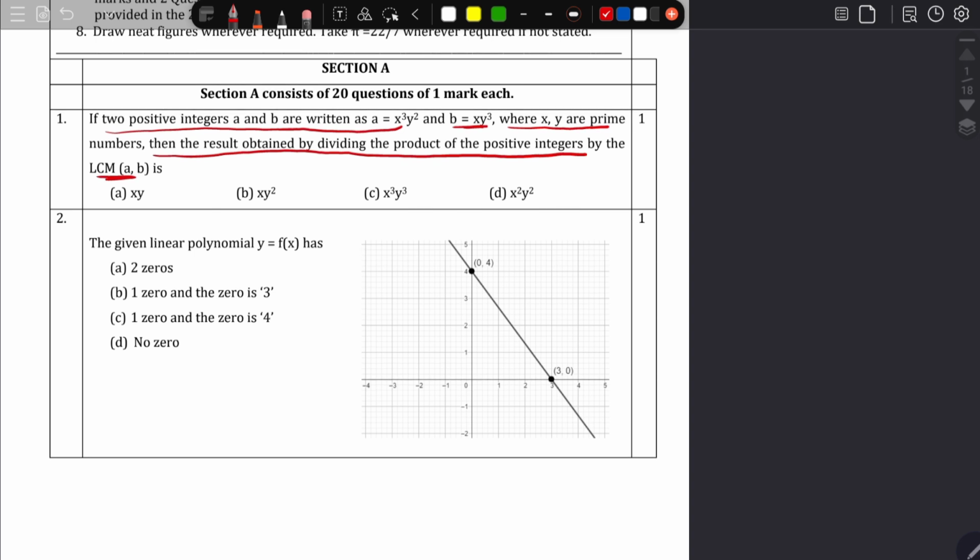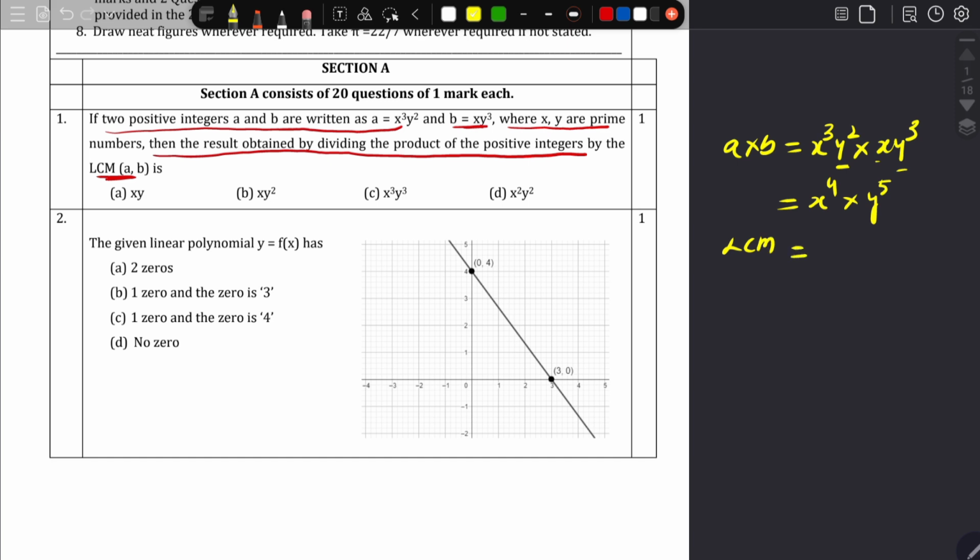First, find the product of the positive integers. a into b is the product, so multiplying the given data, x cube y square is multiplied by x y cube. So x cube and x together give x power 4, and y square multiplied by y gives y power 3, adding the exponents, y power 5.